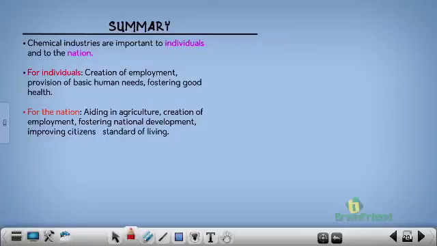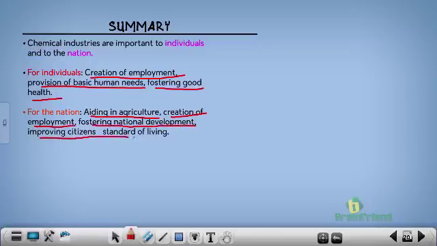For individuals, they are important for the creation of employment, provision of basic human needs, and fostering of good health. For the nation, chemical industries are important because they aid agriculture, they create employment, they foster national development, and they improve citizens' standard of living.